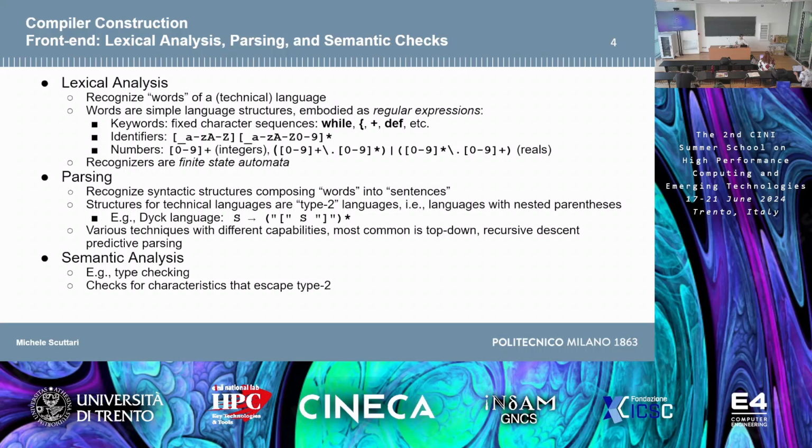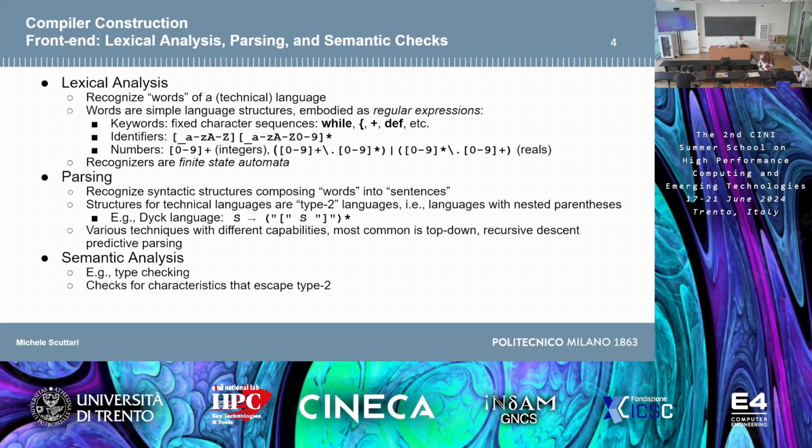It's called a type 2 language in Chomsky categorization, which is a language that is able not only to recognize iteration, as is possible already in regular expressions, but can also recognize parenthetical nestings. A programming language is composed mostly of words that are grouped together through parenthetical structures, which can be actual parentheses, braces, begin-end constructs, these kinds of things.